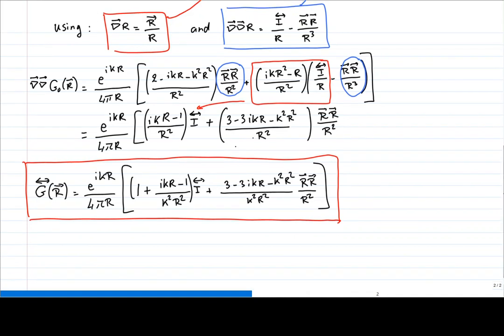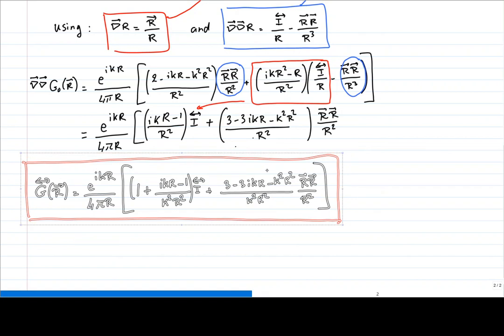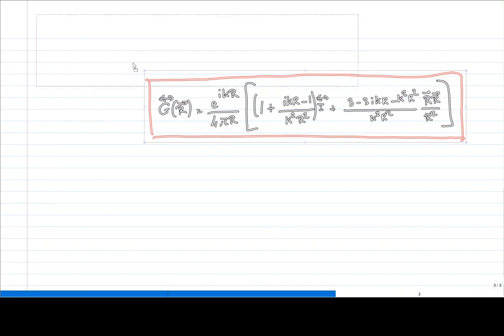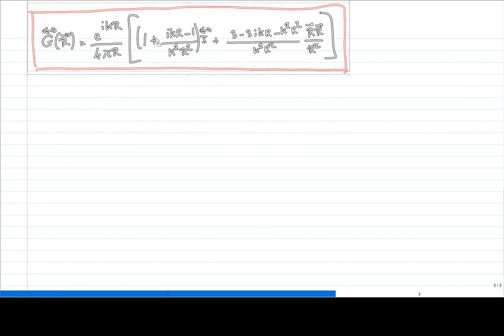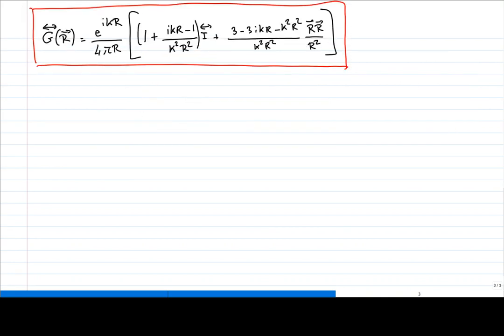So what we're going to be doing here, starting from this particular expression, is rearranging it a little bit, expanding all those terms. We're just going to take the scalar Green function from the beginning and expand that, and rearrange some of the terms more elegantly to show you a little bit of physics.